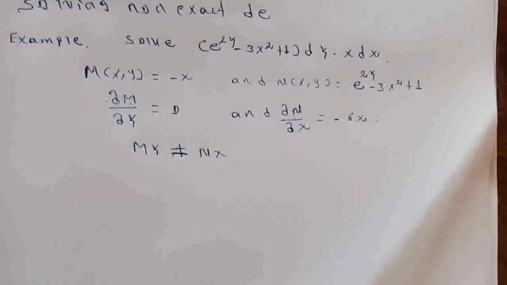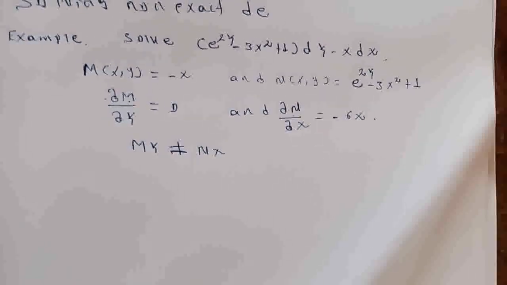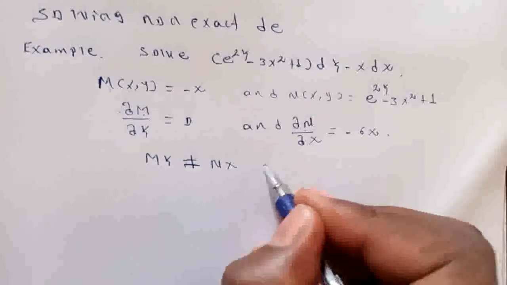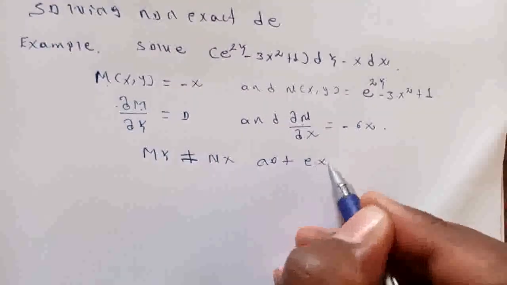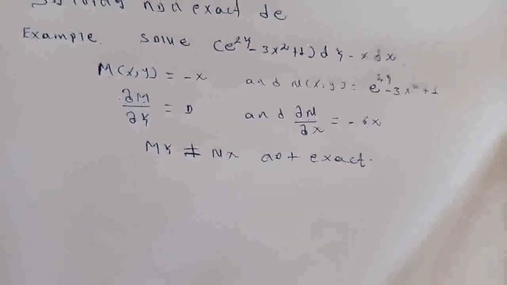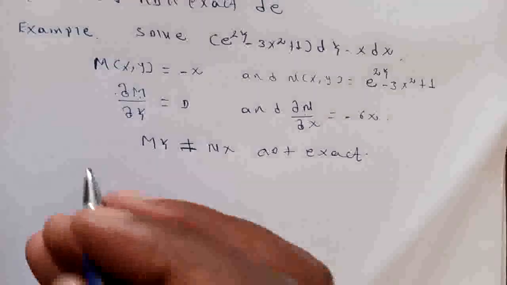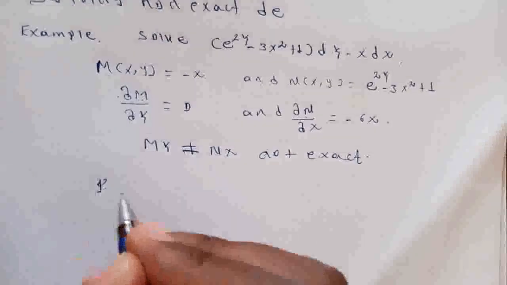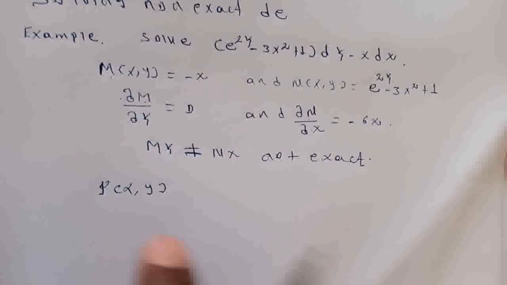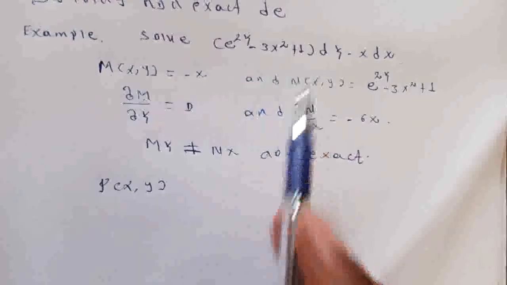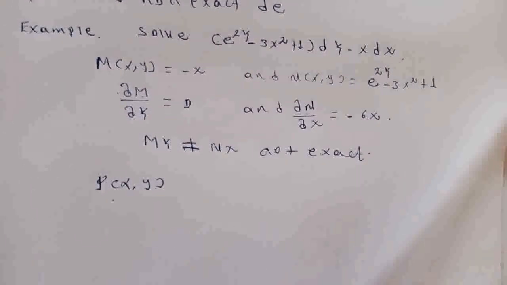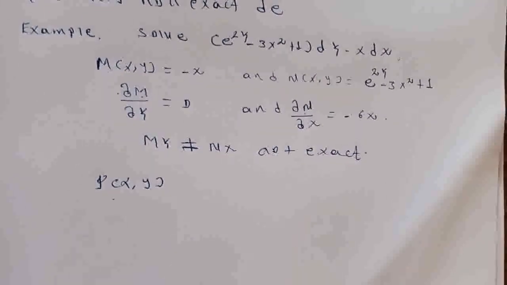So now what can we do? If it is not exact, then let us try to find an integrating factor, mu of xy, such that if we multiply this equation by this integrating factor, it automatically becomes exact.